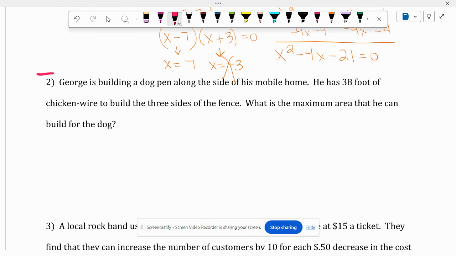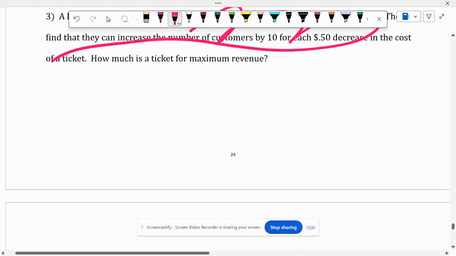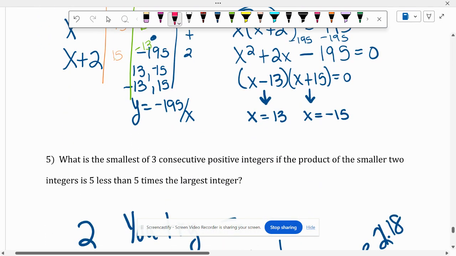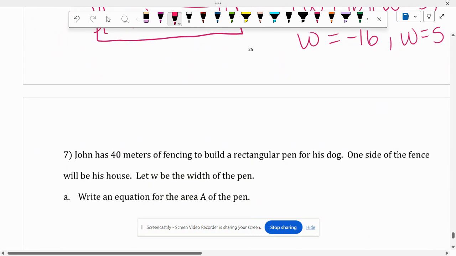Okay. So tonight you're going to do question 2. You're not doing number 3, ever. You're going to do question 5 and 7.